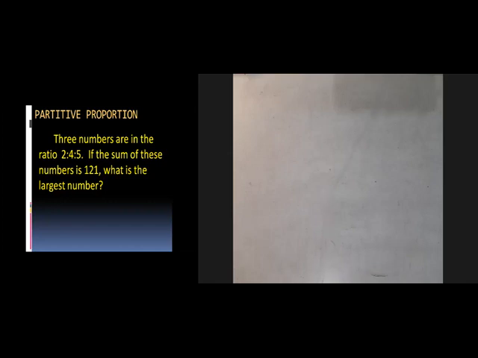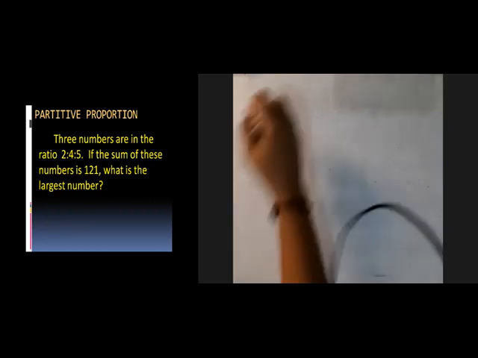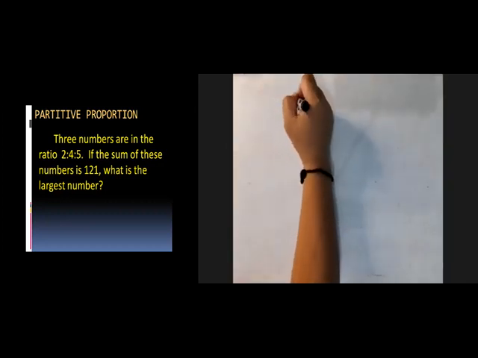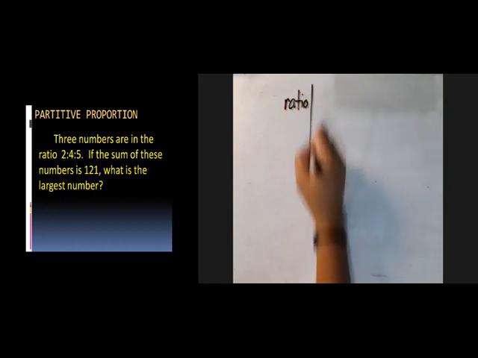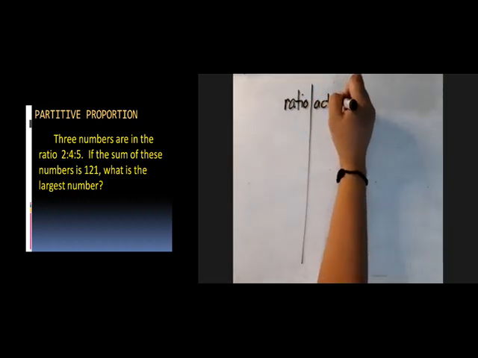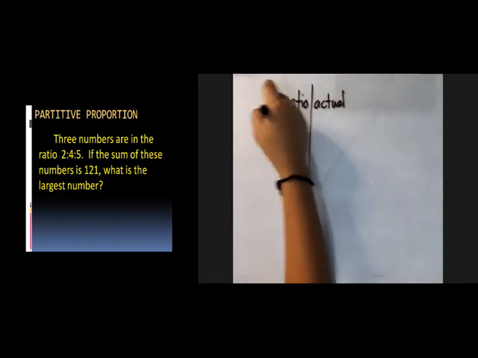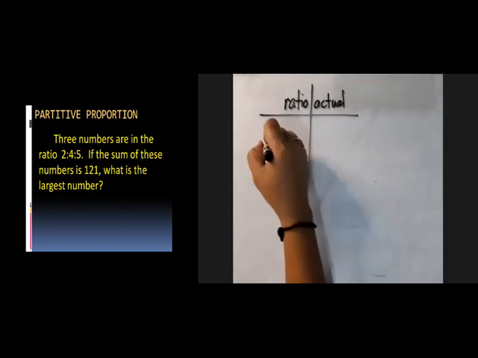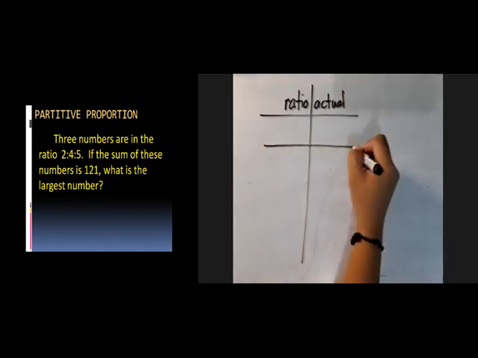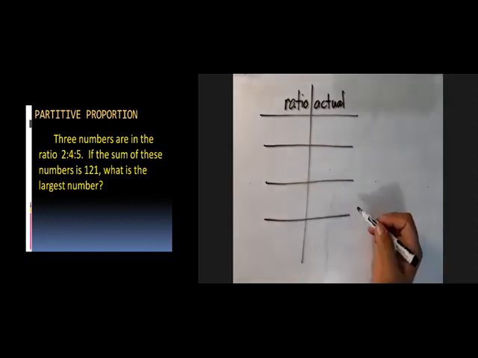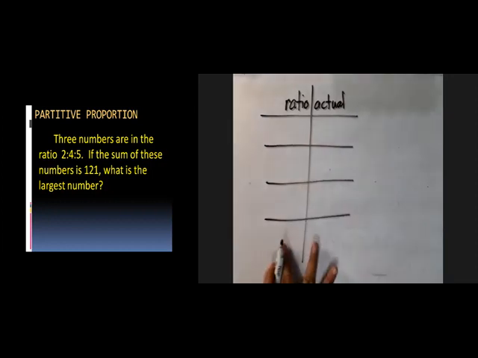So let's prepare our table. We have our ratio. And then we have our actual column. And then there are 3 numbers. So dapat meron din tayong tatlong rows for each number. And then yung pang-apat natin will be the total.